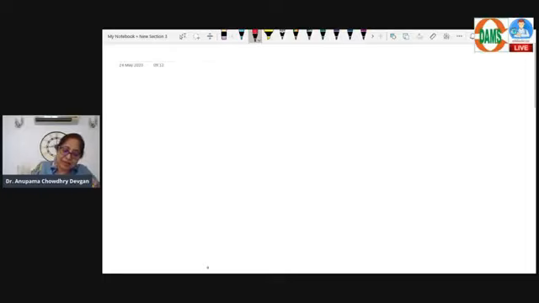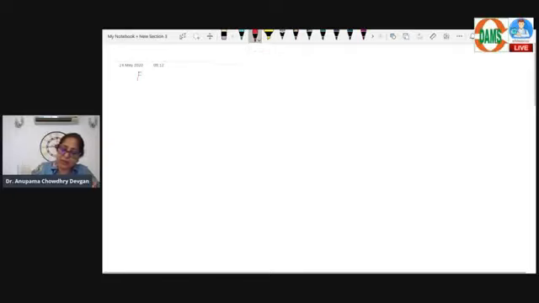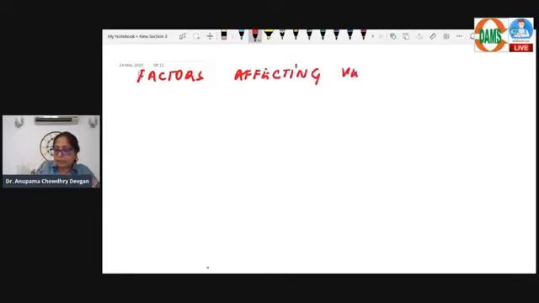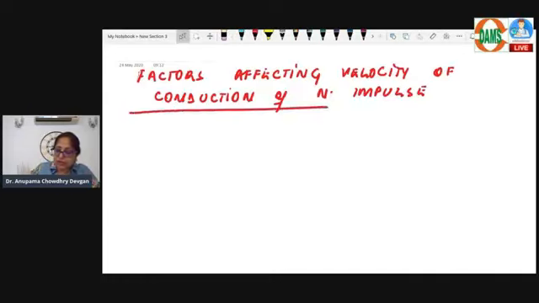Where we left last time is factors affecting the velocity of conduction of a nerve impulse.